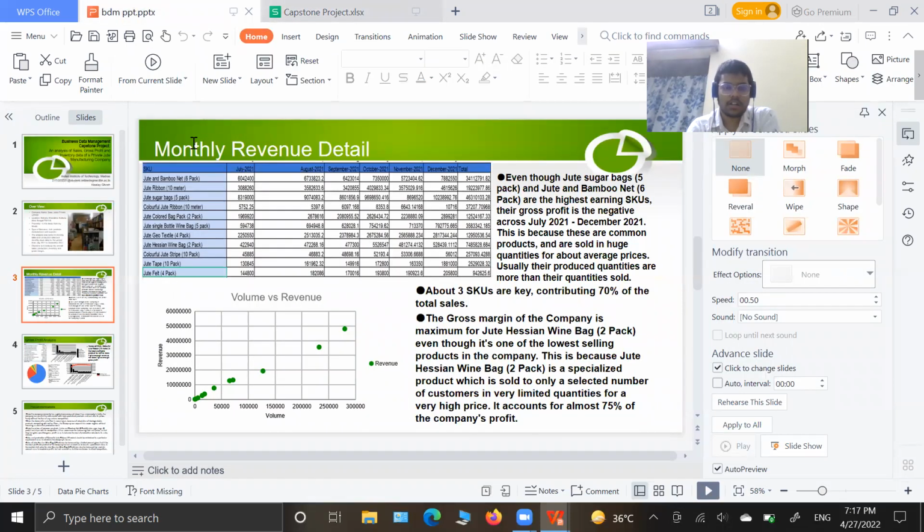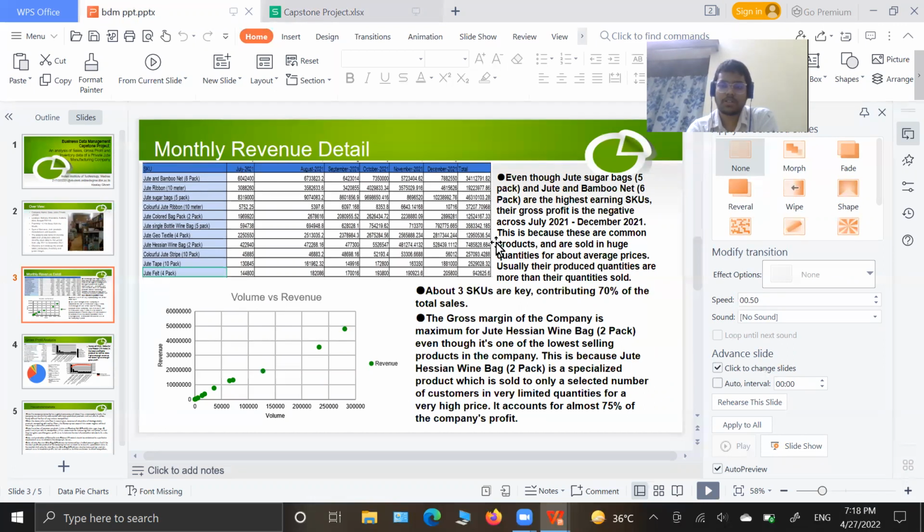From the monthly revenue detail, we can see that even though jute sugar bags and jute and bamboo pack are the highest earning SKUs, their gross profit is negative across July to December 2021. You can see this from the data I've collected in the ledger.